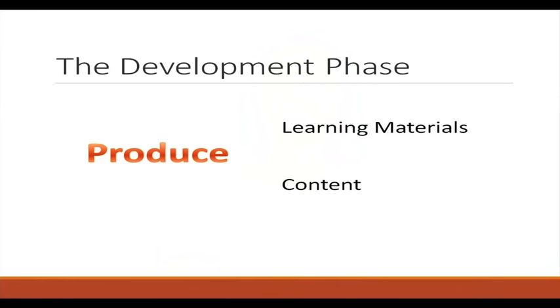Now, after that we will come to the development phase. Here, what do you have to produce? The learning material, we are producing the learning material. Content we produce. So, here the keyword is produce: produce learning material, produce content.